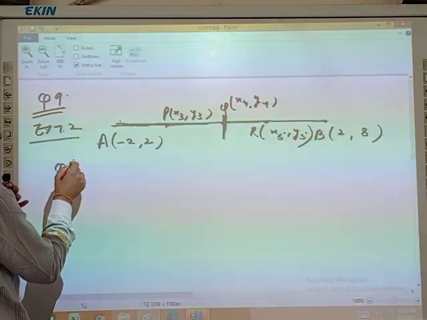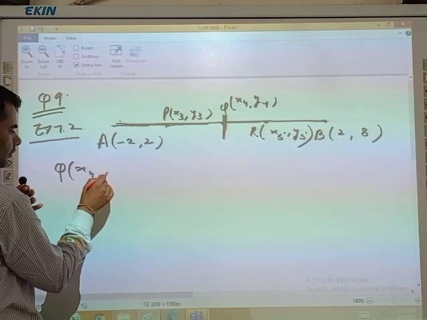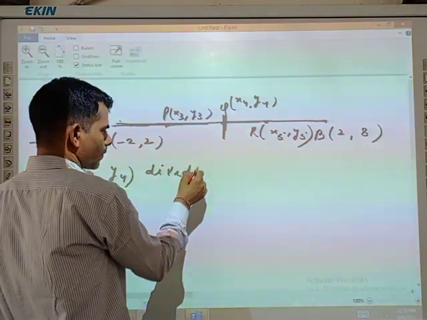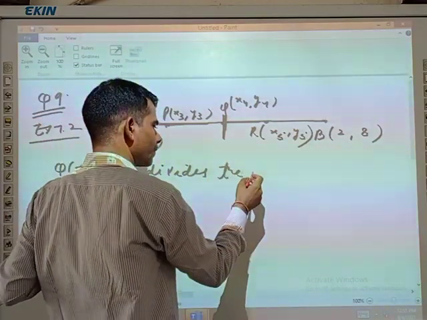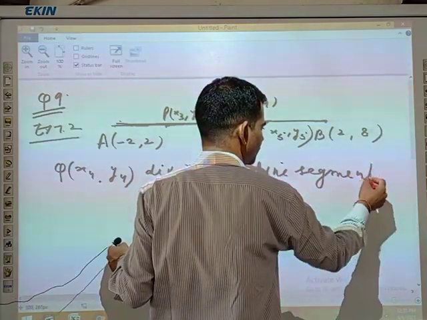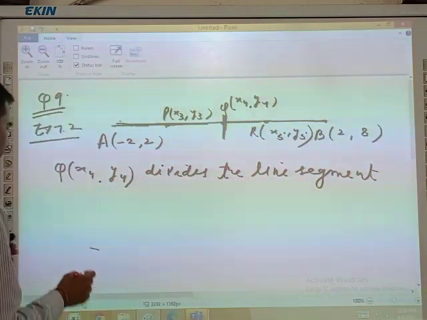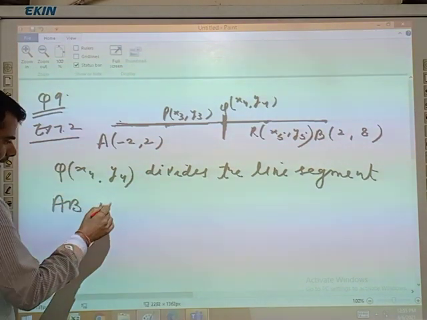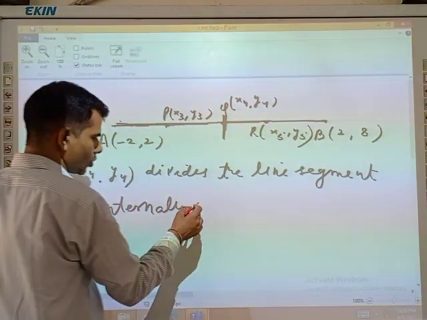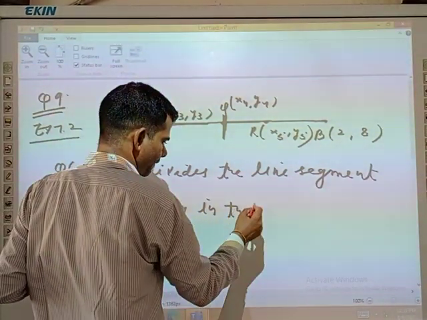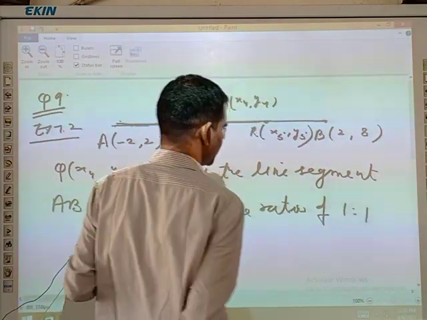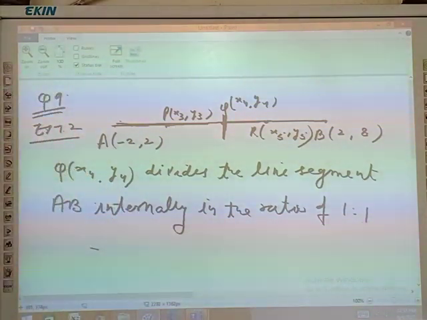Q (x4, y4) divides the line segment AB internally in the ratio of 1:1.